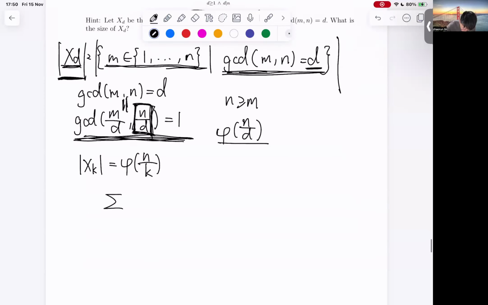Maybe let me write it. For all of the k that is greater than or equal to 1, and k divides n, so k is a divisor of n.